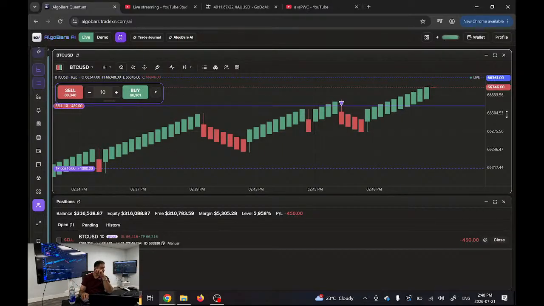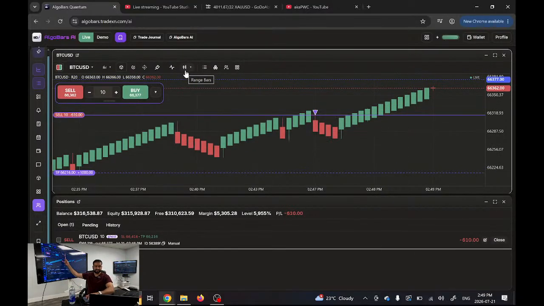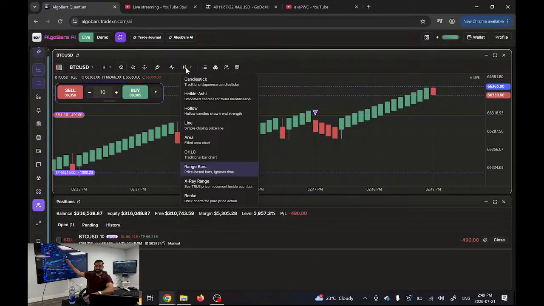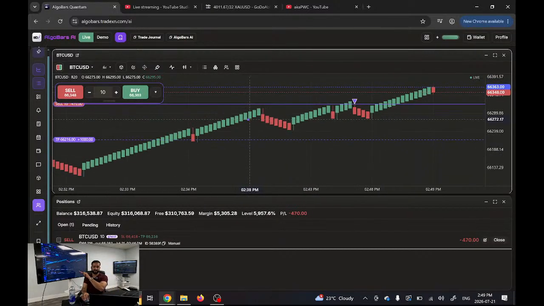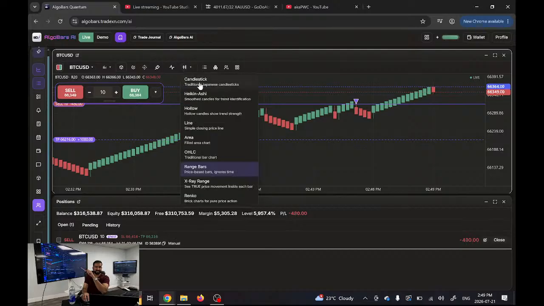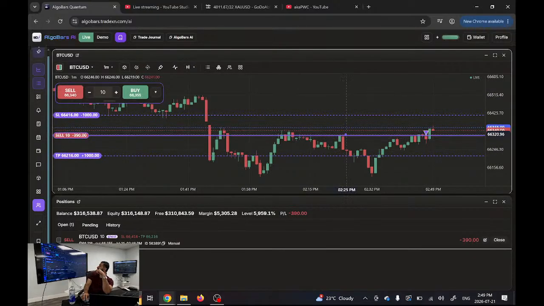How do you get to the range bars, and what are range bars? Let me explain. Very simply, right here, there's the chart type button. If you click the chart type button, it opens up all the chart types that we have on the platform: candlestick, Heikin-Ashi, hollow, line, area, open, hollow, close, range bars, extra range bars, and Renko. What I always trade on are the range bars. When you click range bars, it opens this chart. I'll show you, for example, if I click candlestick, this is what it looks like.